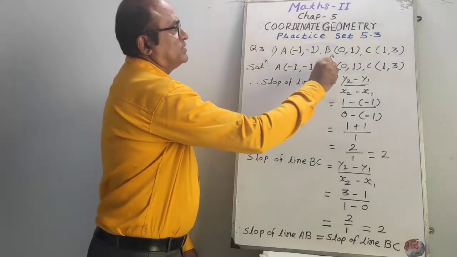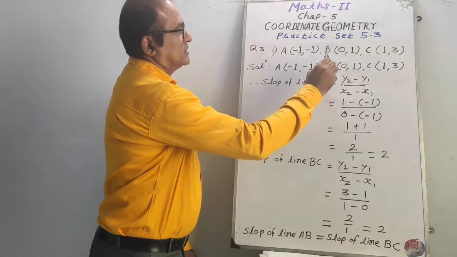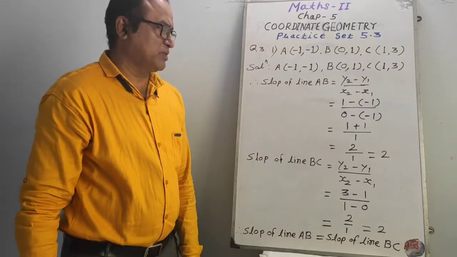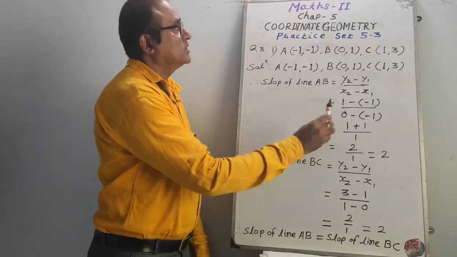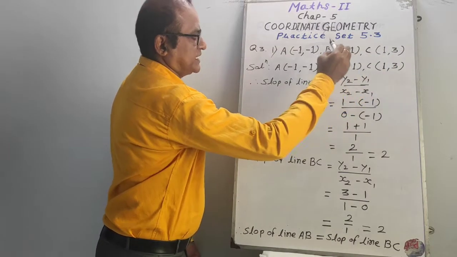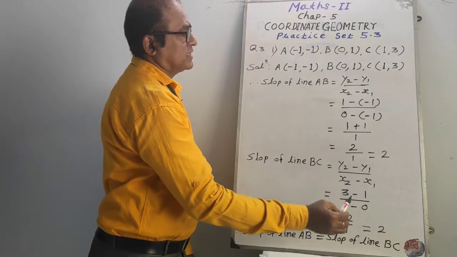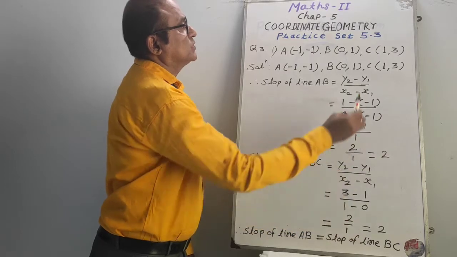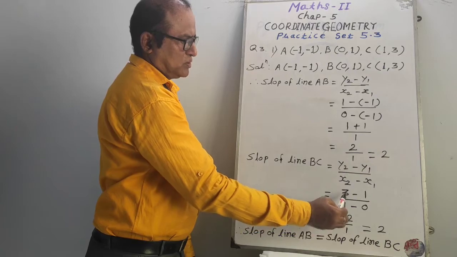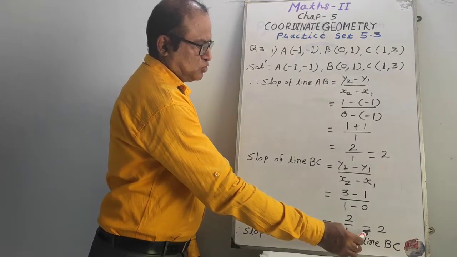Then take points B and C, and find the slope of line BC. The slope of line BC is equal to y2 minus y1 upon x2 minus x1, which is 3 minus 1 upon 1 minus 0, which is 2 upon 1, which is equal to 2.